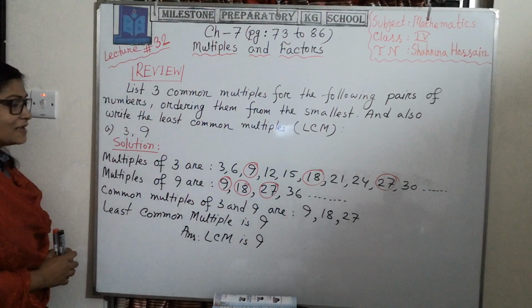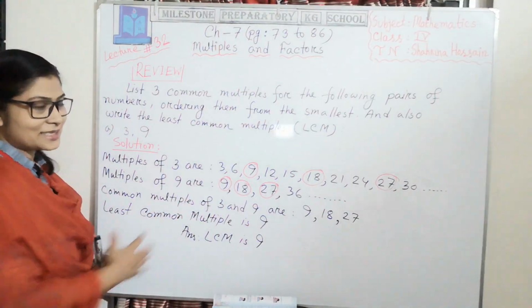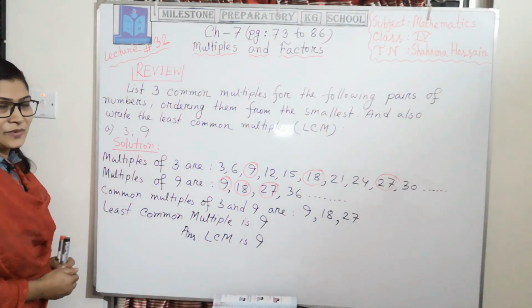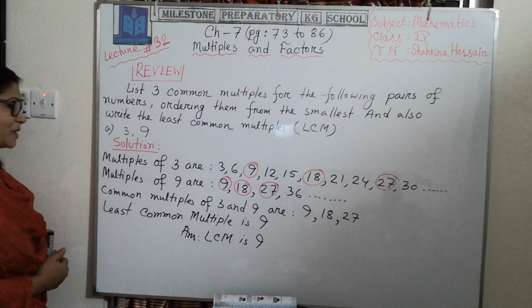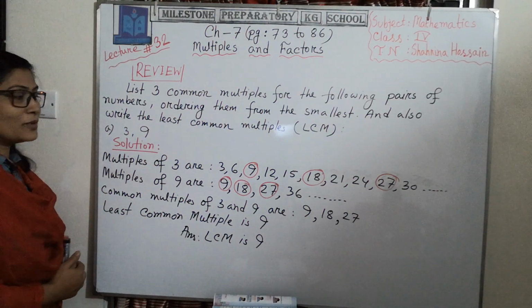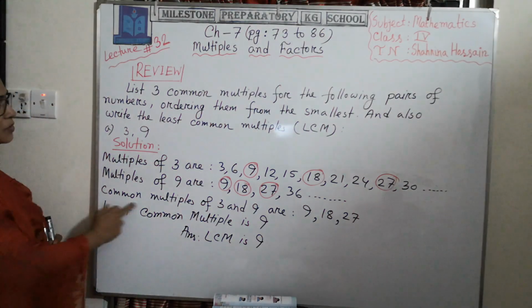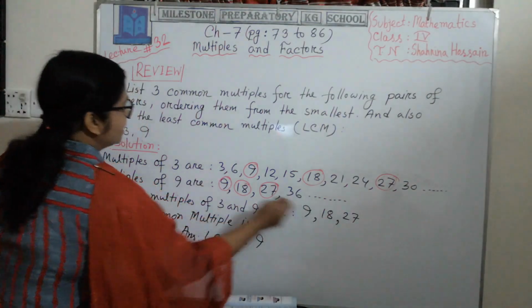Multiples of 9 are 9, 18, 27, 36, and there will be more. Among these multiples, which are common? We will take 3 common multiples at first. Common multiples of 3 and 9 are 9, 18, 27.